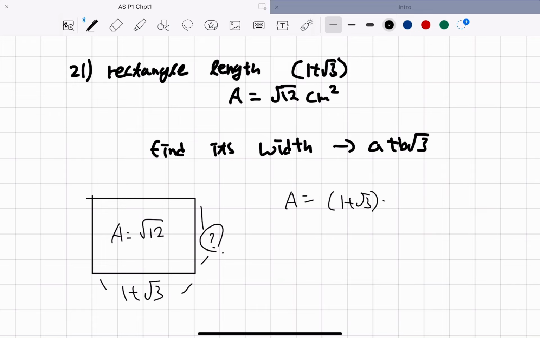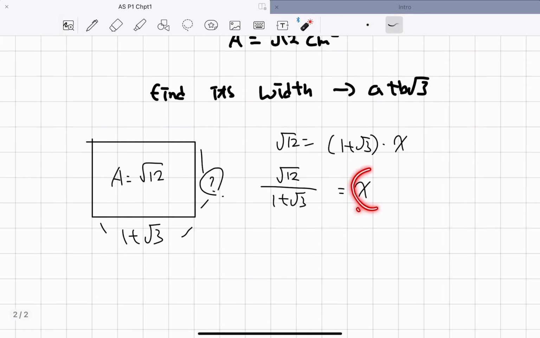Let's say it's x. I know the area, so we can change it to square root of 12. To make the right hand side x, we divide by 1 plus square root of 3. So x equals square root of 12 over 1 plus square root of 3.